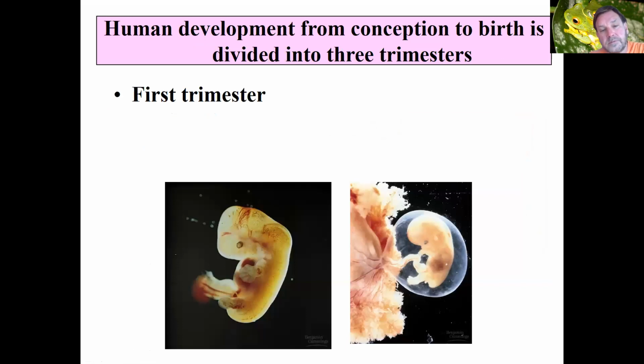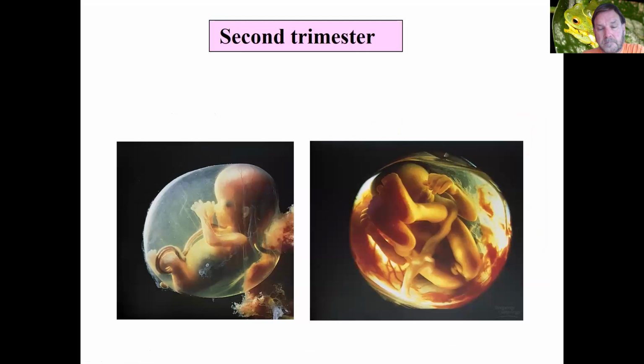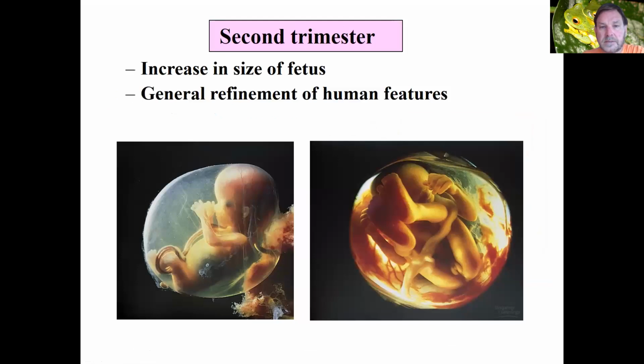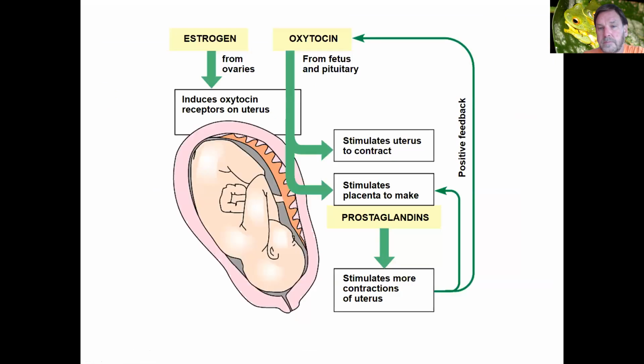So you have 3 trimesters. First trimester, first 3 months. This is the most rapid change during the whole development of pregnancy. This is when most things are happening. In the second trimester, you have mostly an increase in size, a refinement of human features. And in the third trimester, it's really getting ready for birth.